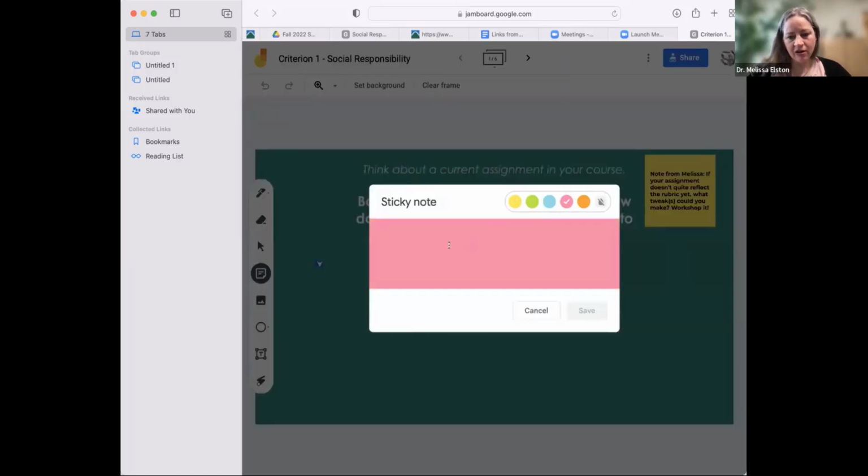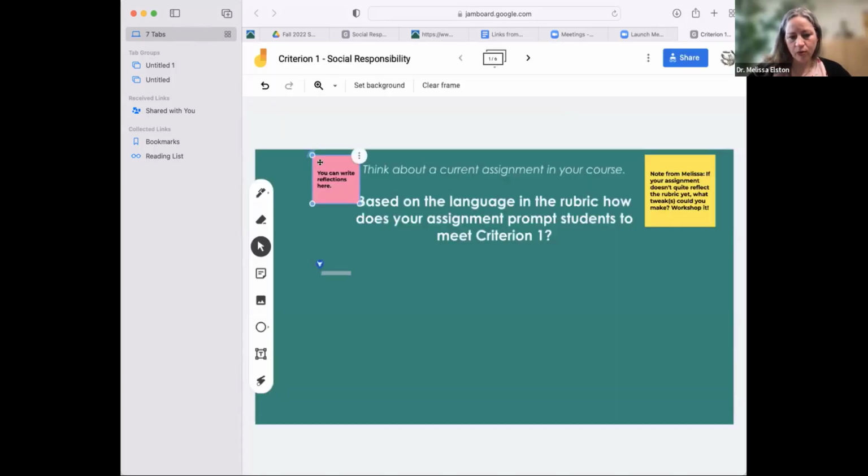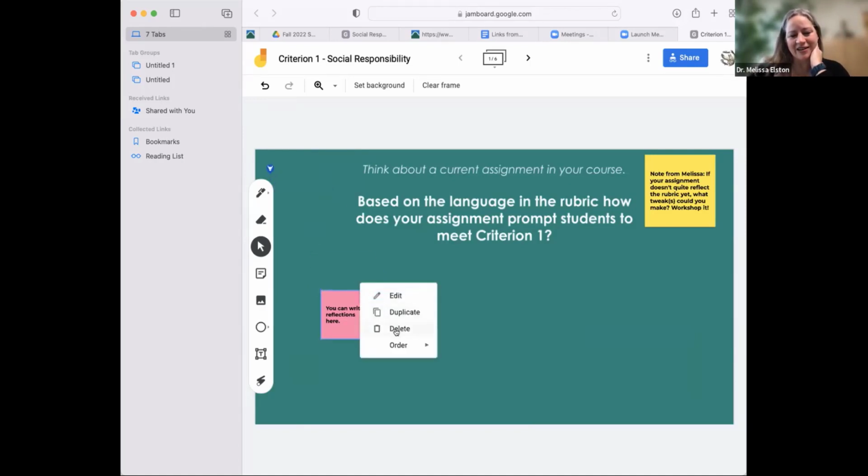You can choose a color and write your reflection here. Then if you hit save, it goes boom, and you can move it around. So this is a way of recording your thoughts if you don't want to speak out loud, or if you want to share simultaneously while somebody else is talking. I'll delete this to make space.